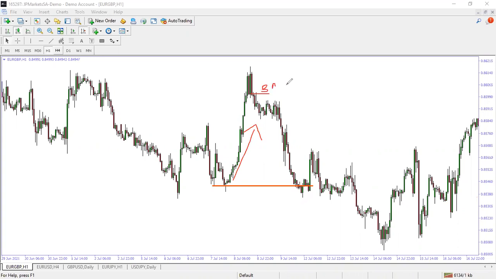And then it went where? It went down. Remember, where's your TP? By the start of that previous bullish liquidity void. At the end of the day, you created a nice entry.